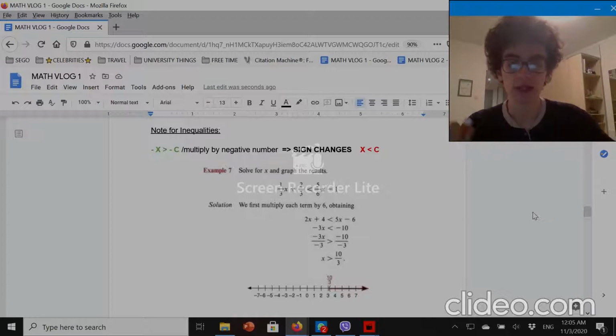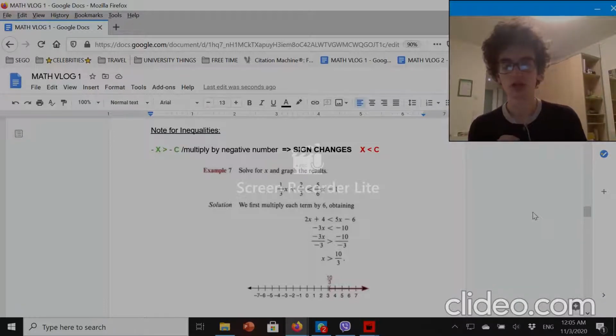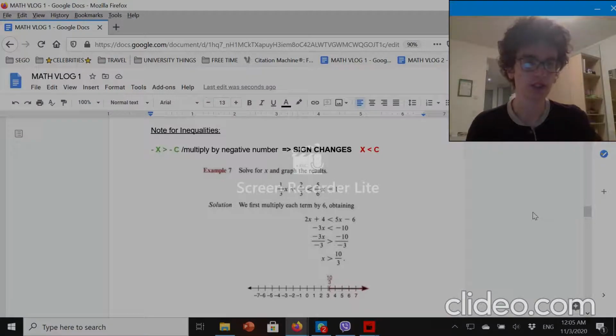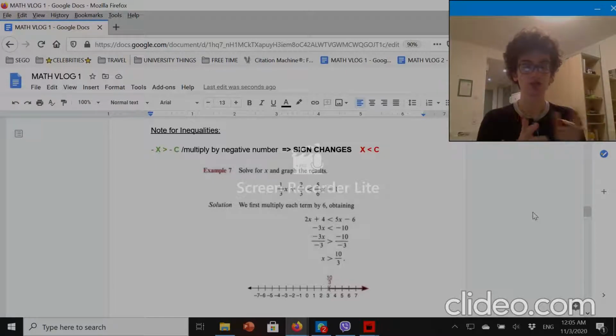If you have negative x to be, let's say, greater than negative c, and you want to get rid of those negatives, because that's what we usually do, you multiply by a negative number, let's say negative 1 in this case, and the sign changes. Then you will have x being smaller than c. Note that both x and c changed signs, so now they're positive, and the sign greater than changed to the sign less than.